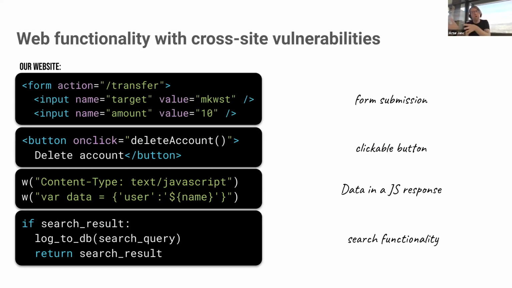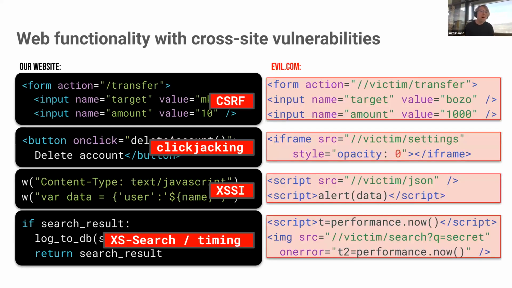So for example, if you have a form, or if you have a button that triggers some state-changing functionality, or if you have, in the third example, a JavaScript response that includes some user data, or even functionality as simple as searching the user's data, all of them are by default vulnerabilities in your application unless you figure out how to protect your application.